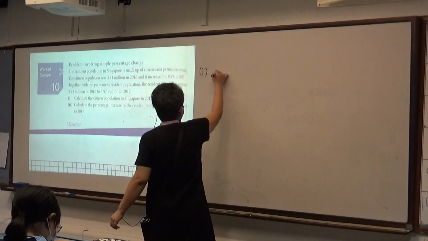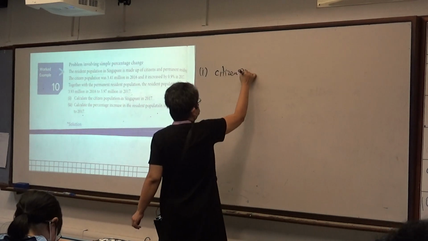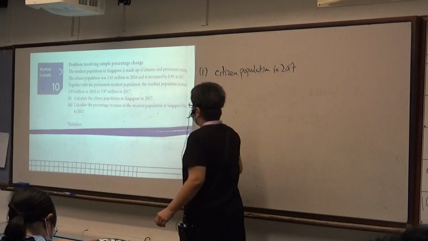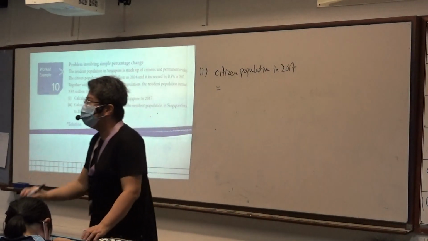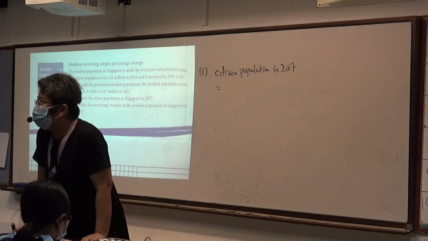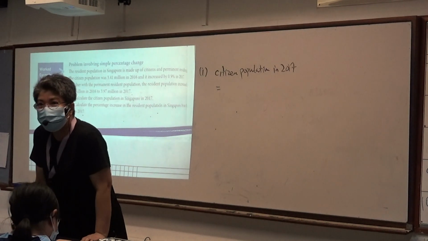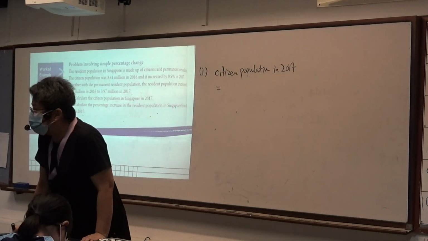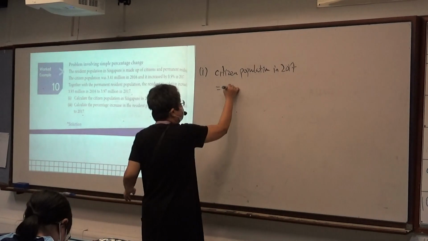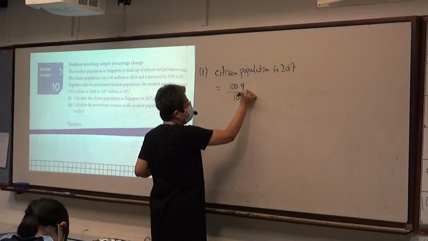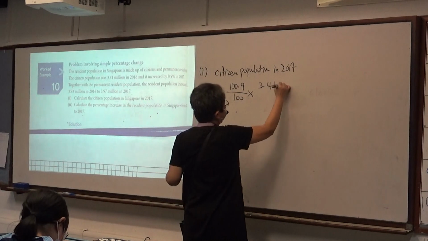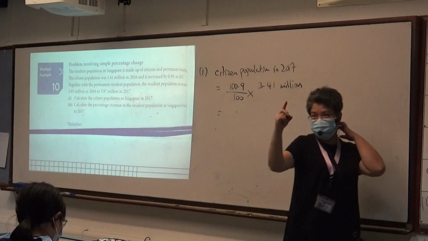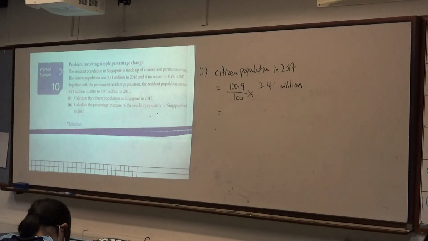Okay, so citizen population in 2017. Now, if it increased by 0.9, what's the final percentage? 100.9. Do you all agree? Yes or no? Okay. So this will be 100.9% times 3.41 million. Correct? Okay. All key in now. What is this answer? How many million?